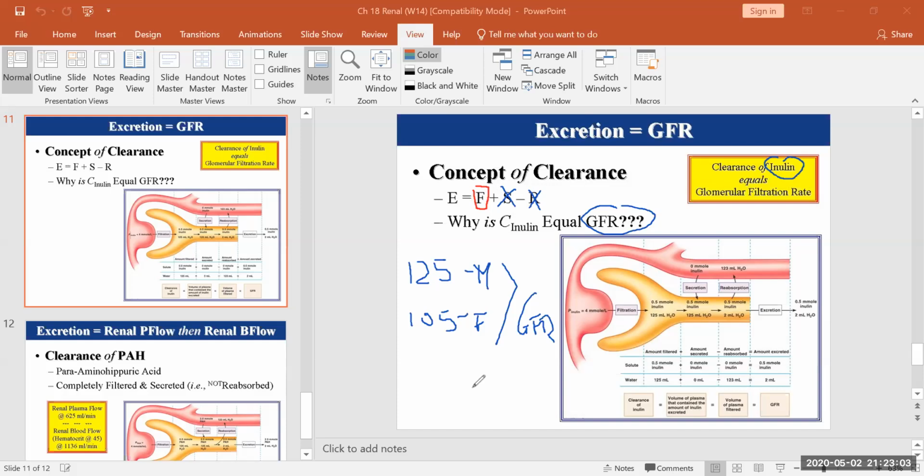Now, there's a compromise to this. There's another chemical that you don't need to give to your patient. It's produced by the body, and this chemical is a waste product called creatinine.